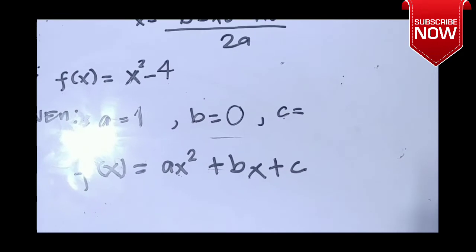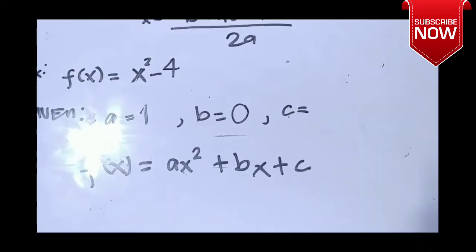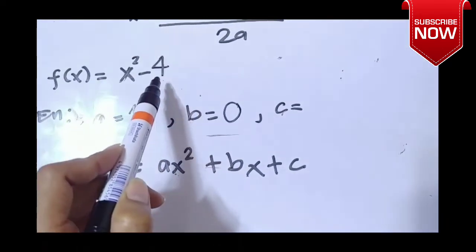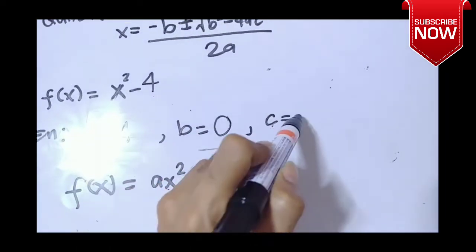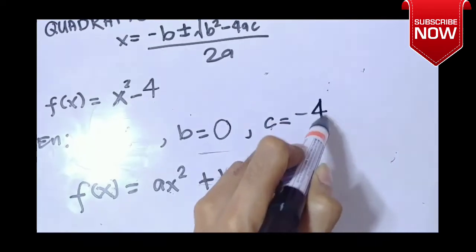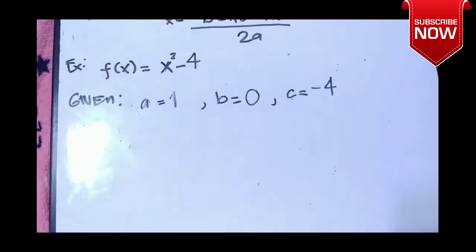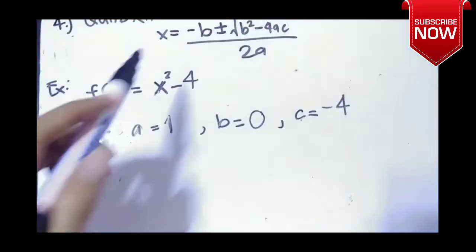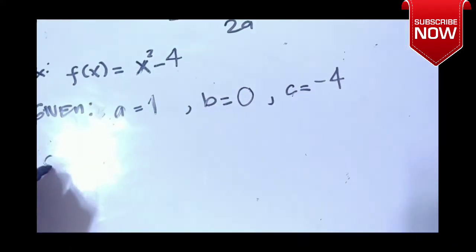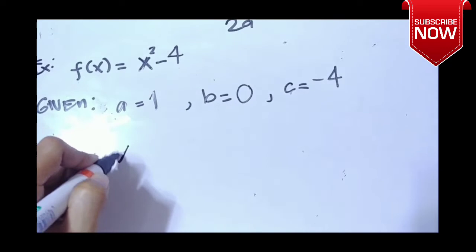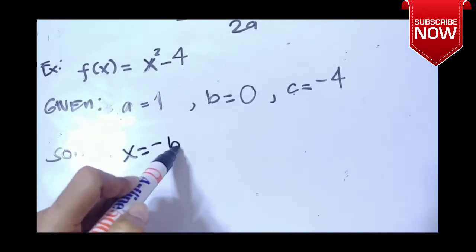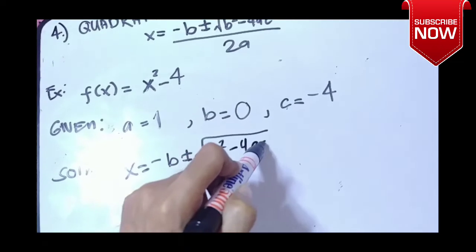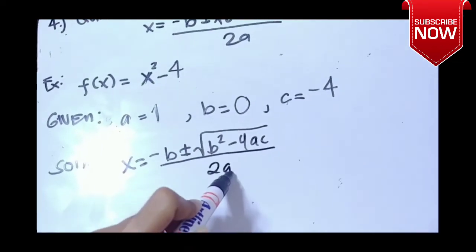Okay. So, huwag na nating pahabain yung discussion natin. Yung c, automatic yan yung negative 4. So, isusulat natin dito si negative 4. At since na-identify na natin ang mga values ng a, b, and c, we can now proceed to our formula, and that is solution x equals negative b plus or minus square root of b squared minus 4ac all over 2a.